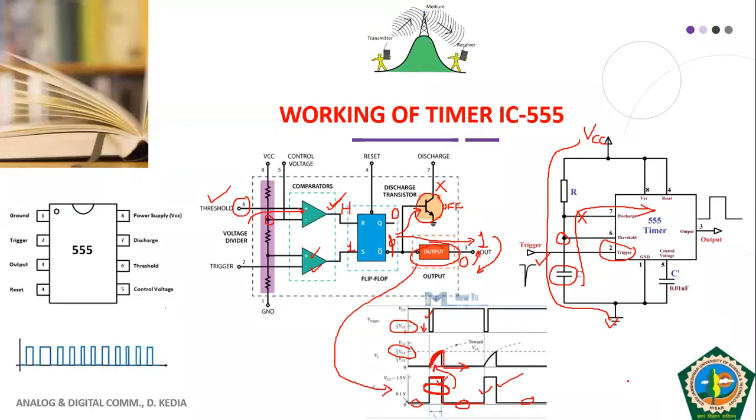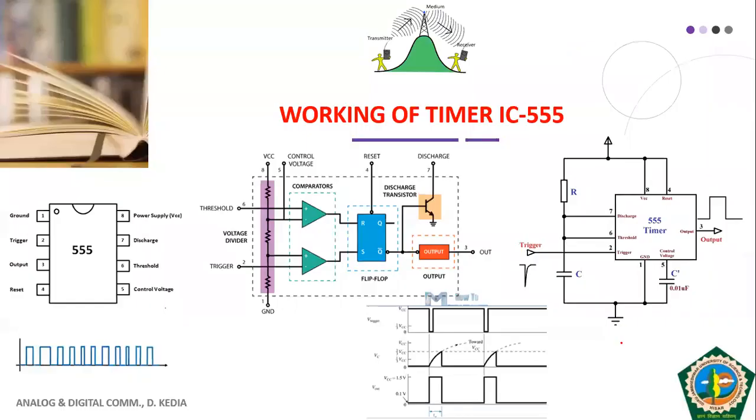Now I'll modify the same circuit a bit, and we will understand how this monostable multivibrator circuit works as a PWM modulator. The PWM modulator circuit will not take much time, just minor changes.